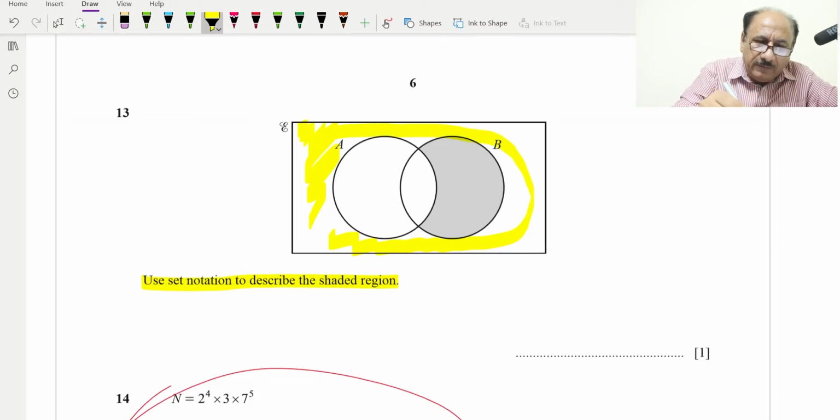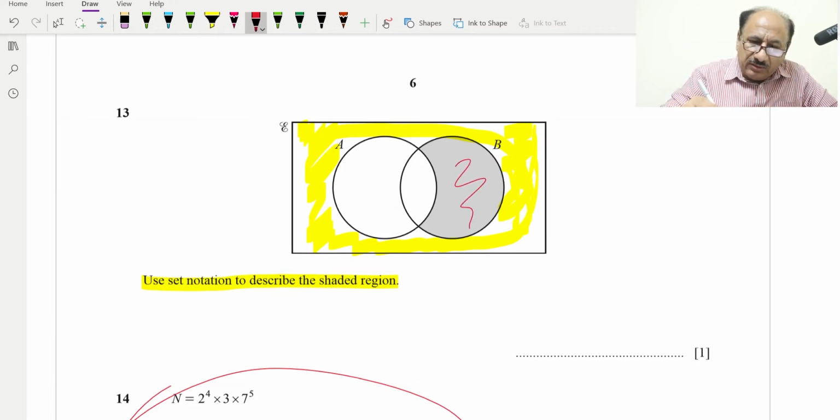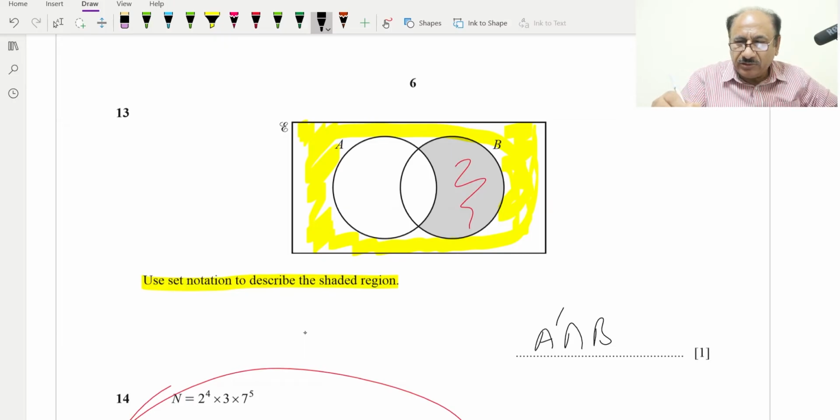This one will be A complement, which is not in A, and we have taken the intersection of A complement with B, so that will be this region, which is shaded in this one. So we can write this will be A complement. I will change the color, so this will be A complement intersection B. This will be the answer for our question number 13.